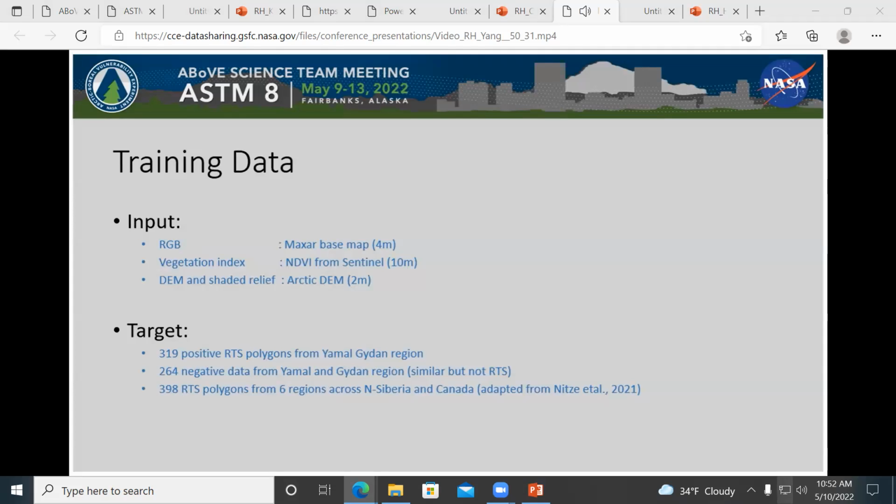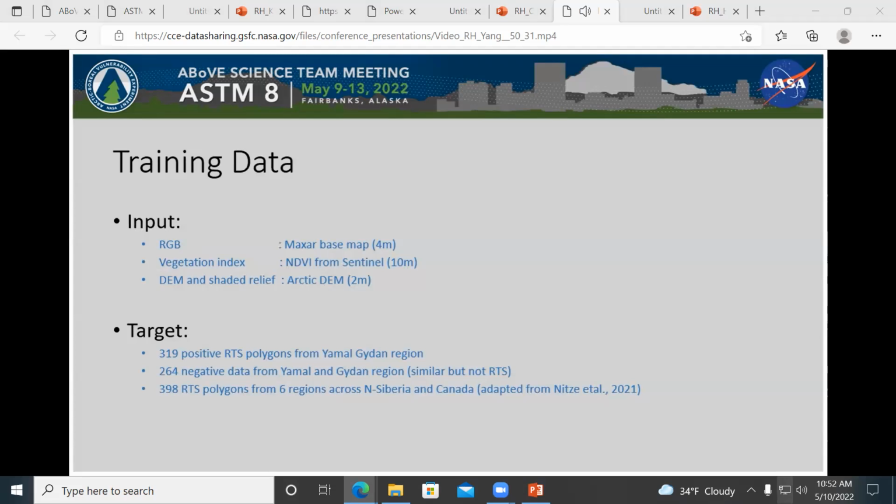For each RTS training sample, we used RGB values, vegetation index, and digital elevation as inputs to the model. And for the training RTS labels, we have more than 300 labels collected from across the Yamal and Gydan regions.